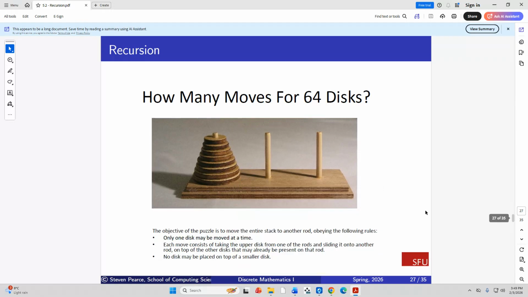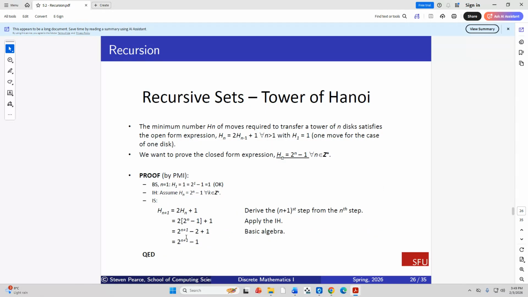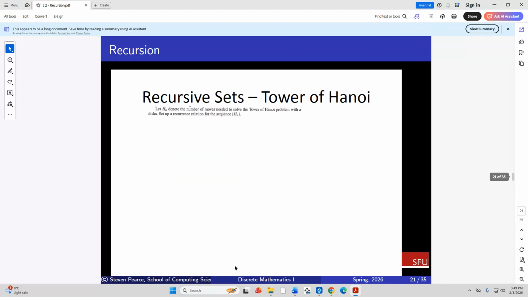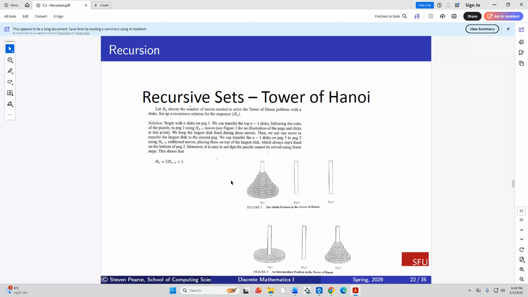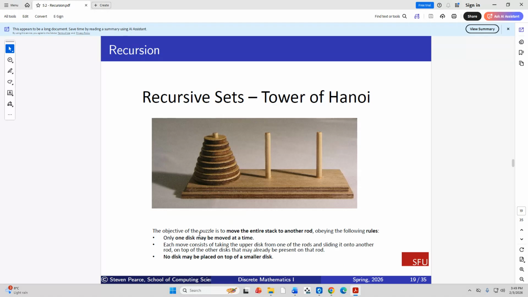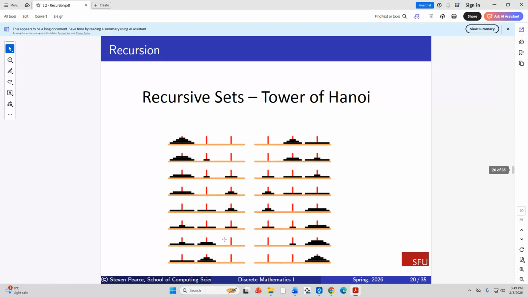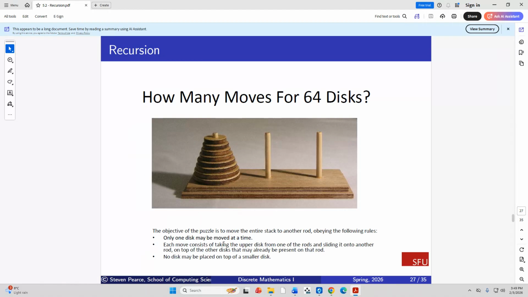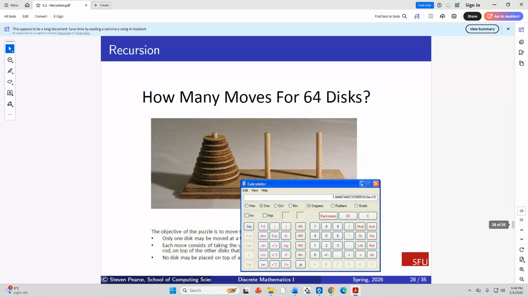So this problem scales exponentially, as you can see here. 2^n, it's exponential. I don't state anywhere why it's 64 discs, because that's the original way it was stated many centuries ago.